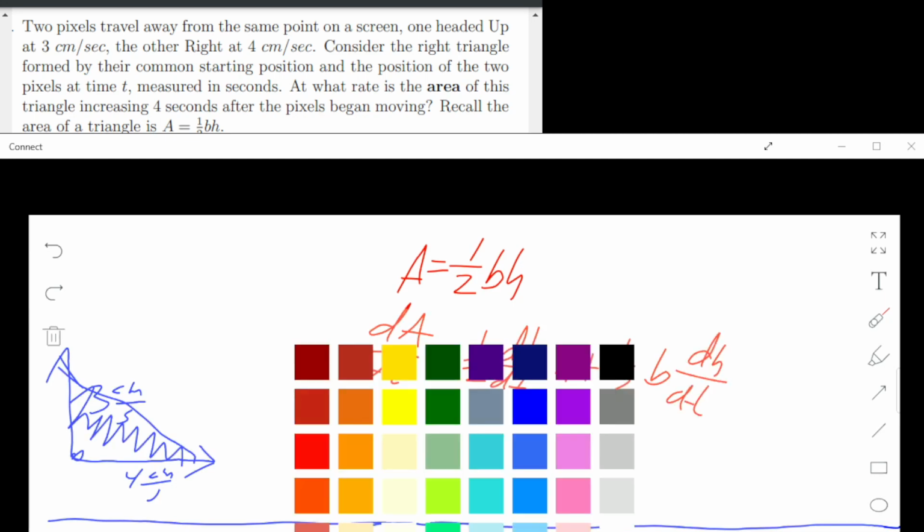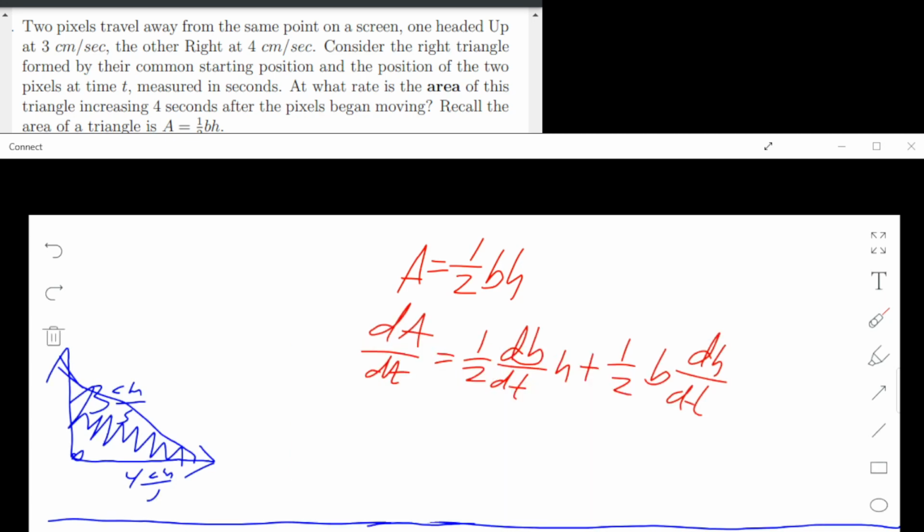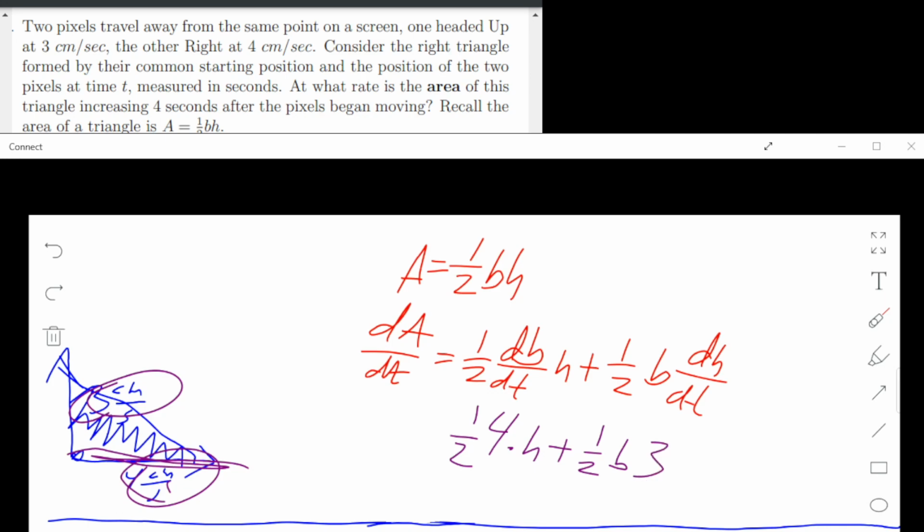And we know that db/dt, the base, is 4 centimeters per second. So this is 4 times 1/2, right? Times h plus 1/2 times b times dh/dt, we know, is 3 centimeters per second.